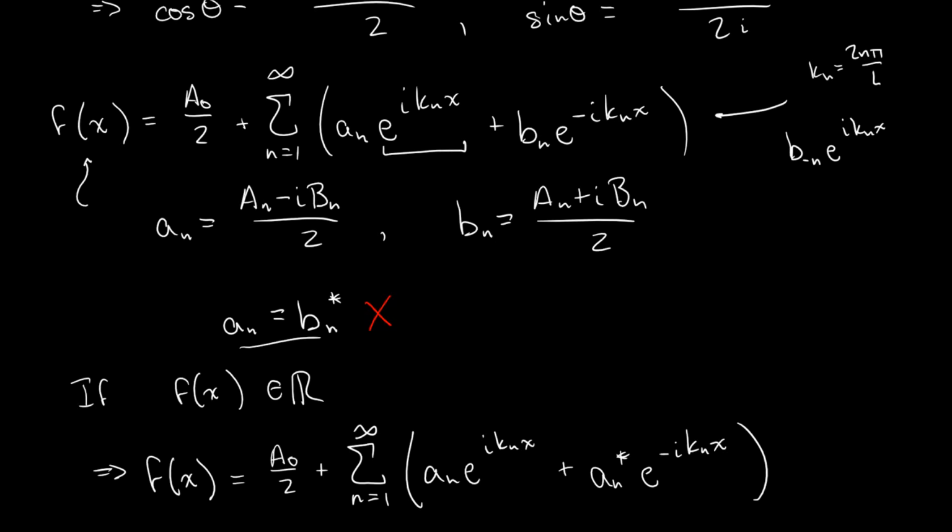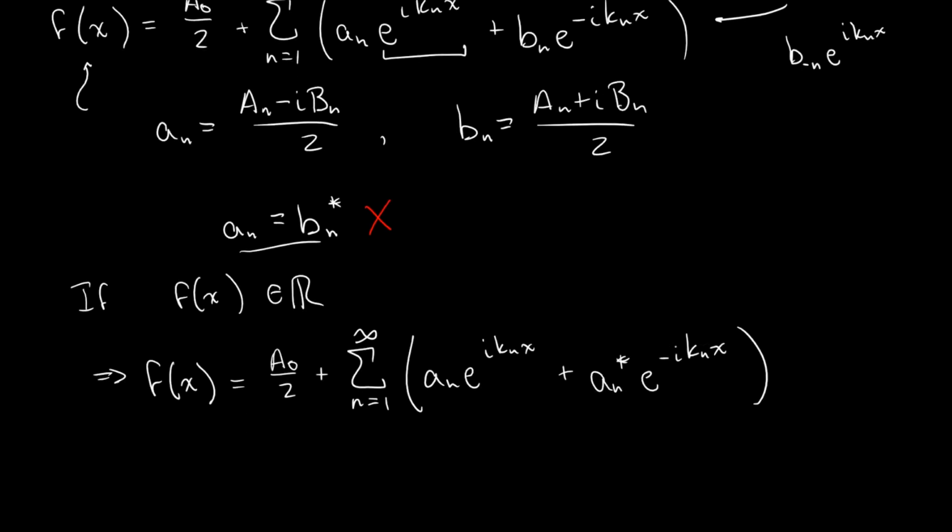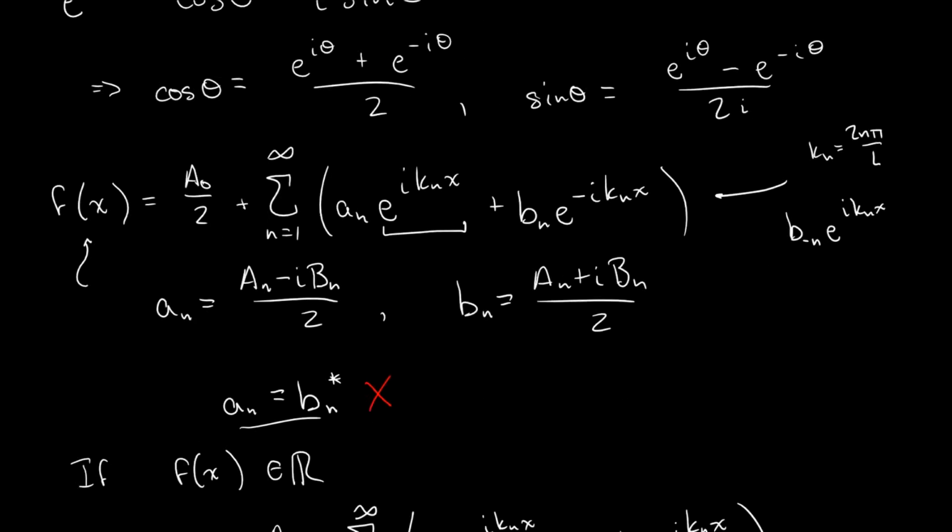So now, if I go back to having my sum be over all values of n, instead of just positive values, and just renaming these constants, I can write this as the sum from minus infinity to infinity of a sub n e to the I k sub n x. That's it. That's all I need.